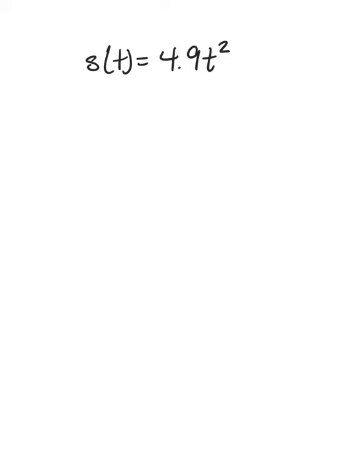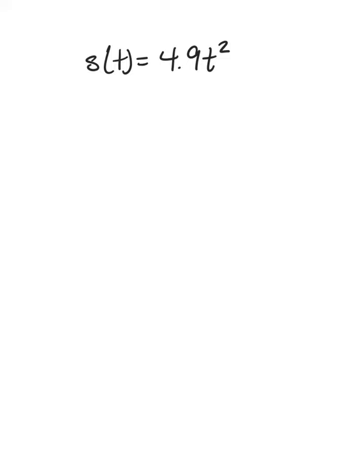Now, the issue here is, for us to find slope, you've always found slope with 2 points. I'm asking you to find it at 1 point, after 5 seconds. Well, let's get really, really close to 5 seconds.